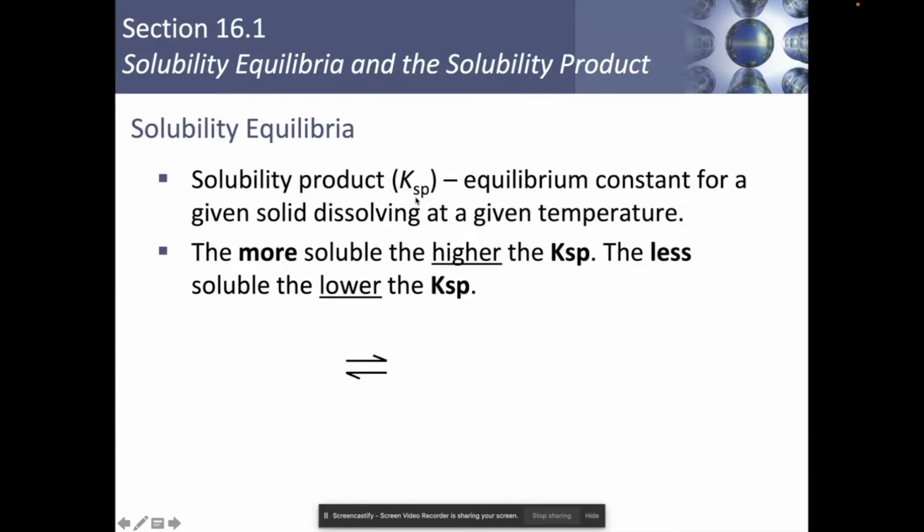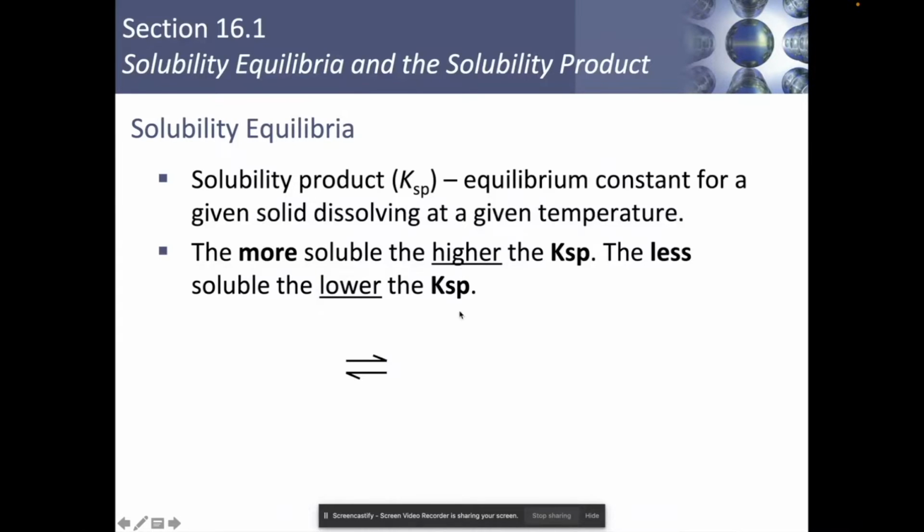What separates something super insoluble like lead iodide from something really soluble like sodium chloride is the Ksp value. If the Ksp value is super low, the amount that is dissolving is super low. On the other hand, if the Ksp value is very high, the amount that's dissolving is very, very high.